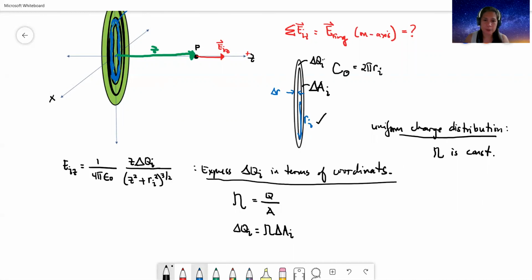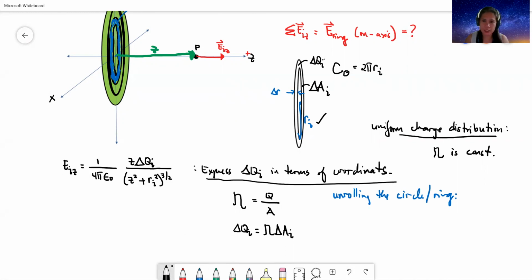Now, you probably learned in your calculus how to unroll a circle so that it becomes a two-dimensional surface. So unrolling the circle or the ring will give us a rectangular strip. If this is our strip now, let's use the black.